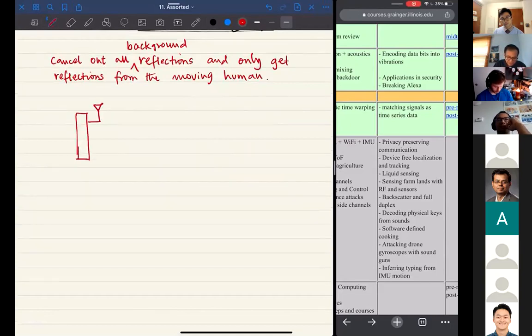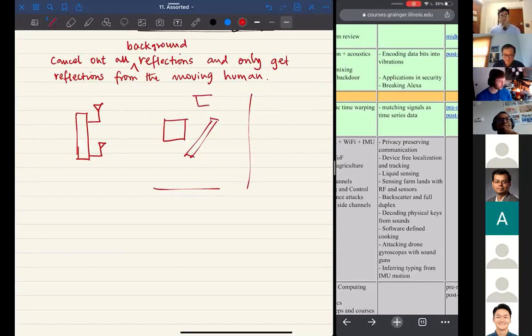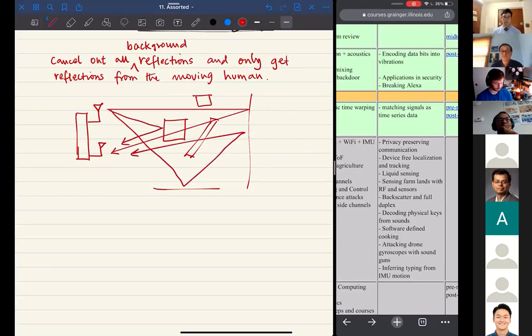Let's say this is one antenna, this is another antenna, and this is the environment. There are tables, chairs, couches, TVs. The signal that I send out comes to my receive antenna after multiple reflections, all kinds of things.